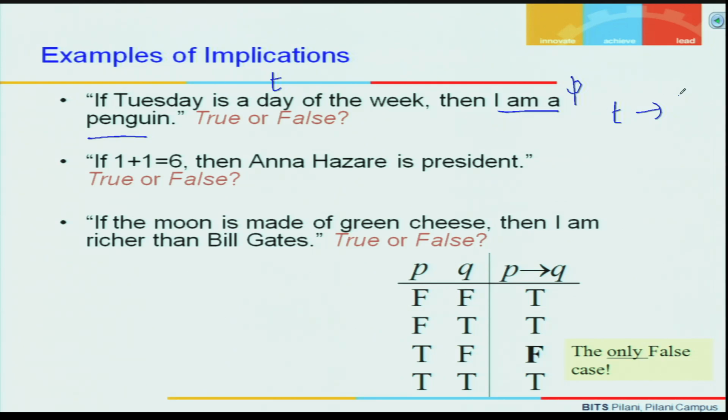Now we would like to know the truth value of this compound statement. Like we have done in the earlier example, what is the truth value of the proposition T, Tuesday is a day of the week? Is it true or false? Definitely, Tuesday is a day of the week, hence it has truth value true.